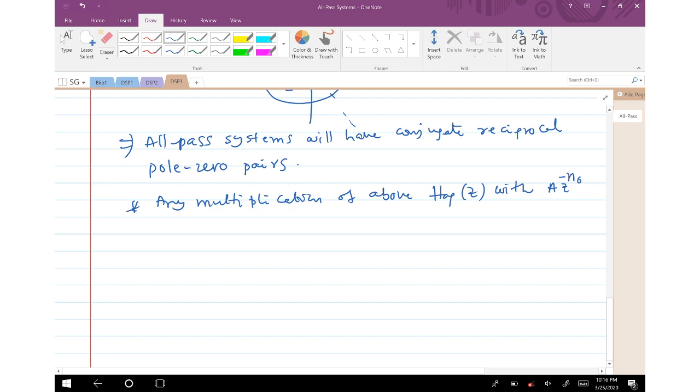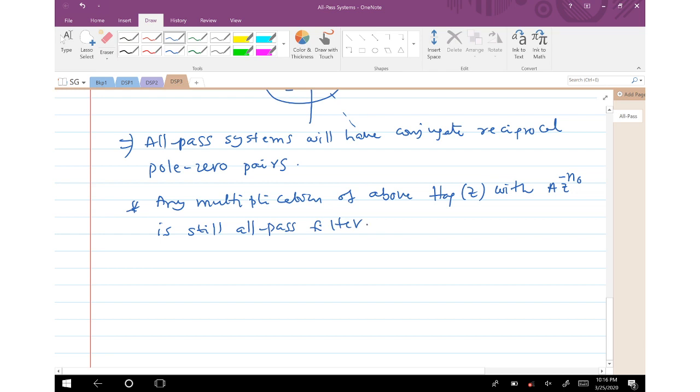This a could take any complex value, doesn't really matter. That is still an AllPass filter. Okay, that's another important observation, right?